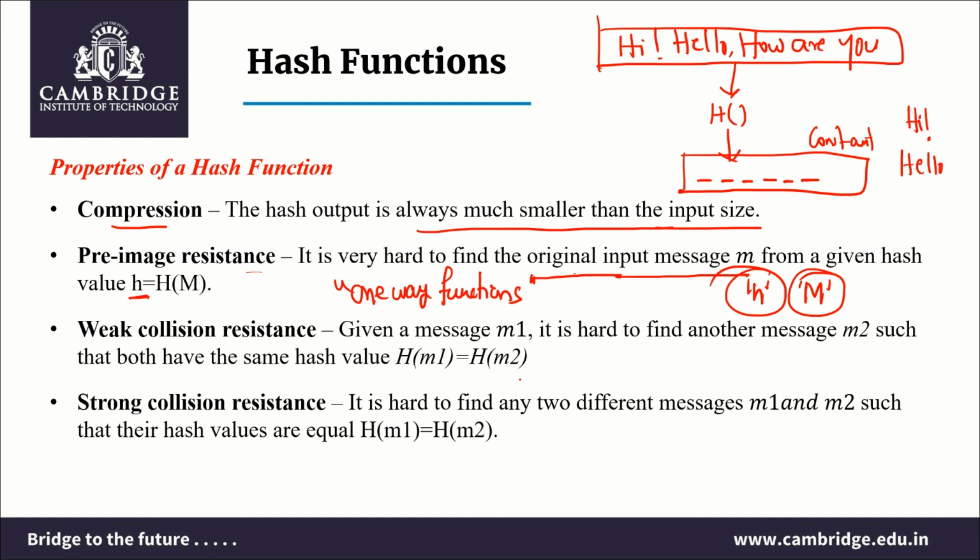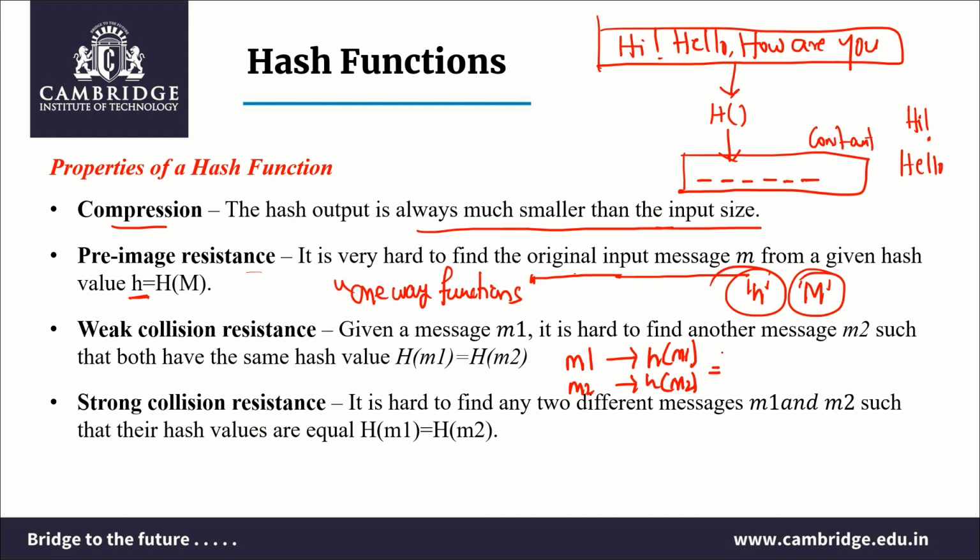Weak collision resistance says that if there is message m1, which produces hash of m1, it is difficult for us to find m2 such that h of m2 is equal to h of m1. So we have one message m1 and its hash value, and it will be difficult to find another message which gives the same hash value.